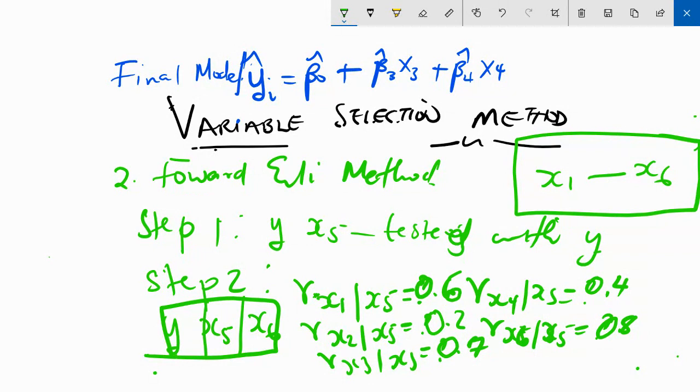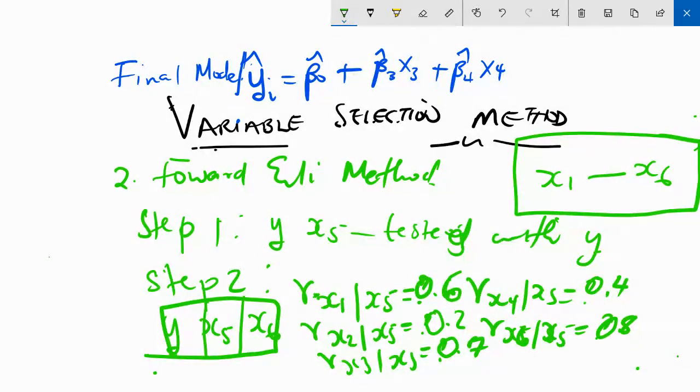But when coming to the forward elimination method, the final model is not always having significant variables. So it's your responsibility that when the system stops, you go to that final last step and check which variables you can take. Can I say now these ones are important in predicting y? Why is it the case?